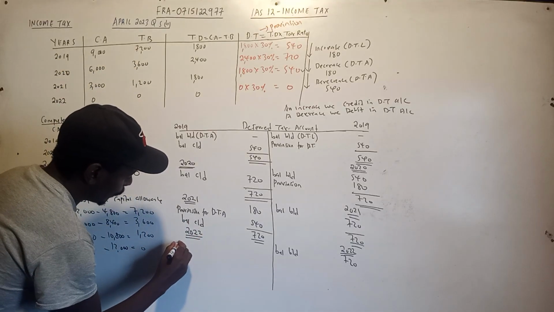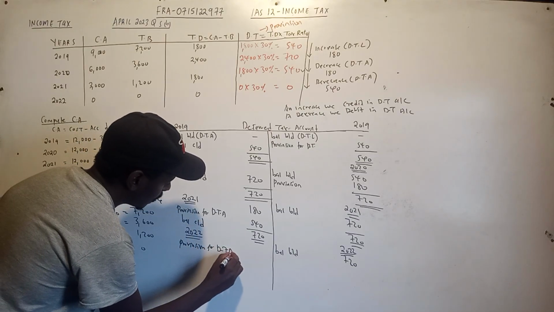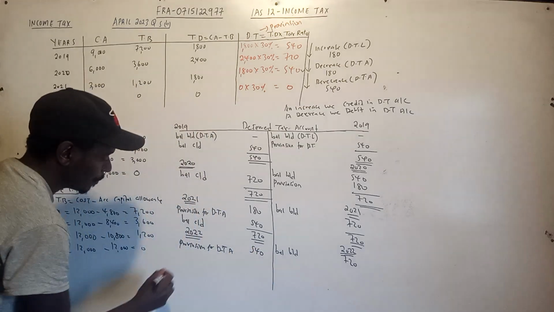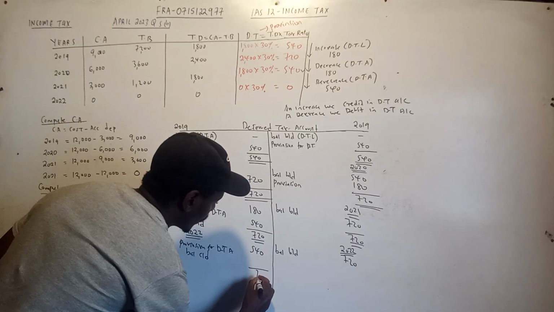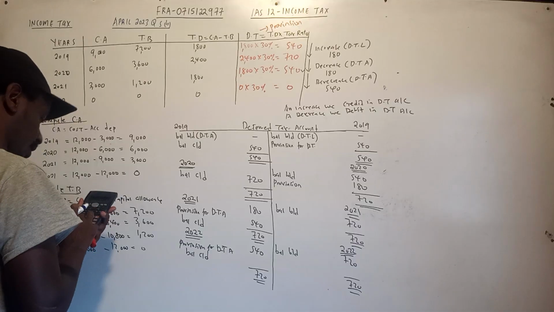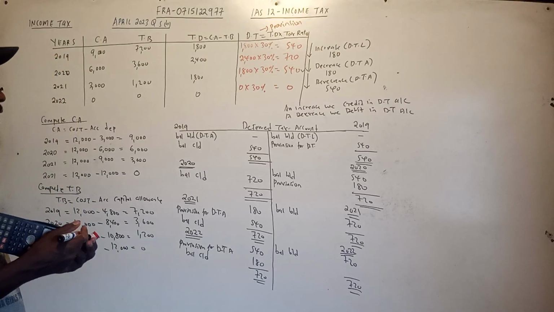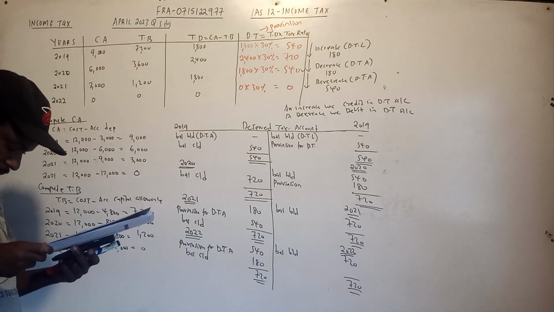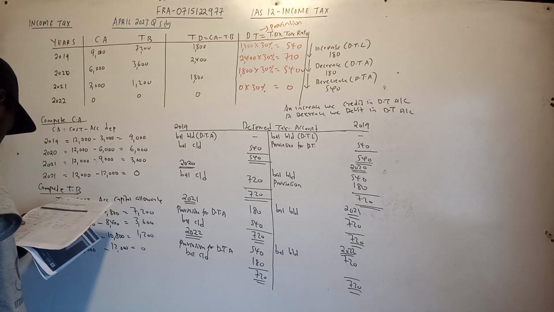So we say provision for deferred tax asset of 540. Then the balance carried down will be how much? 720 minus 540, 180. So the balance carried down is 180. So that's how you are supposed to balance that account.